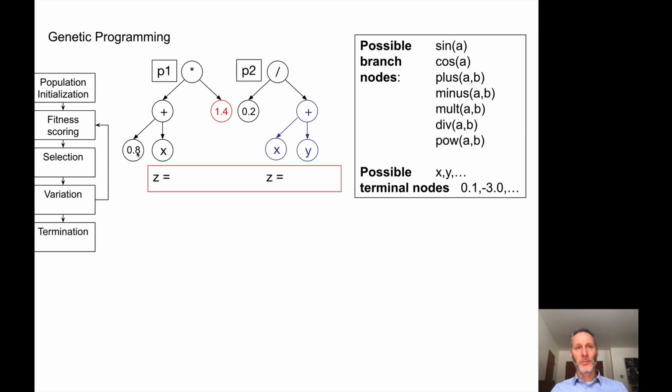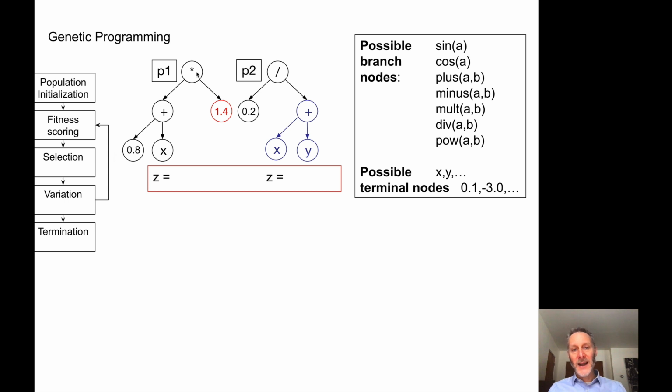Throw plus back in the bag, shake it up, reach into the bag again. In this case, we pull out 0.8. 0.8 does not require any arguments, so we've created a leaf of the tree. We go back up to the plus. We need two arguments. We've already created one. We need a second argument, so we shake up the bag. We reach in again. In this case, we pulled out at random x, and we've completed this part of the tree.